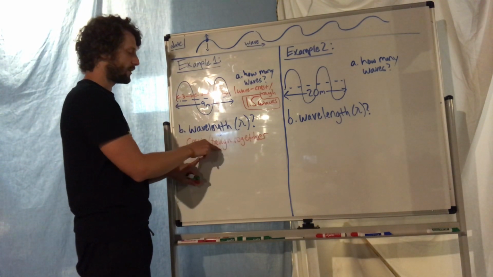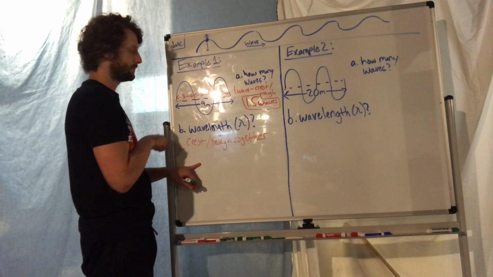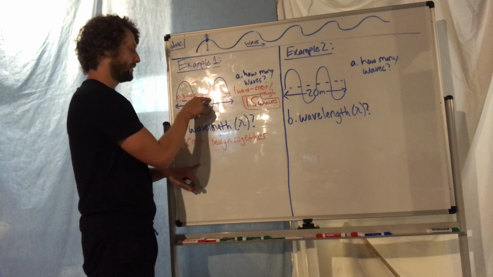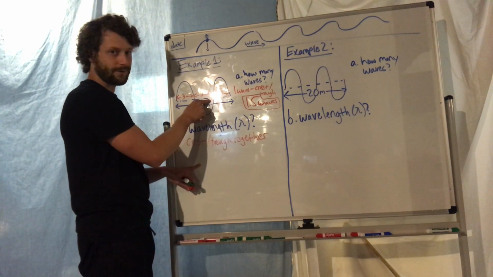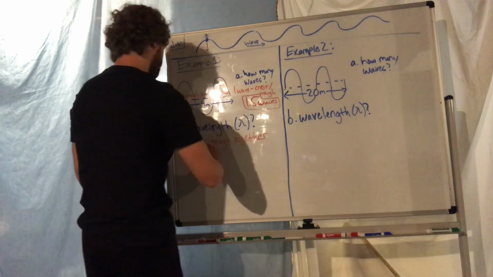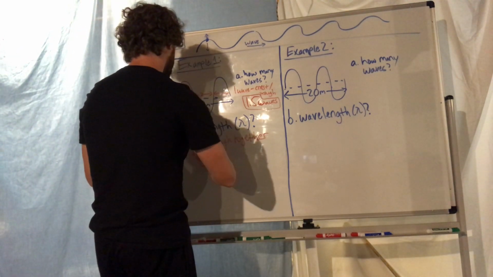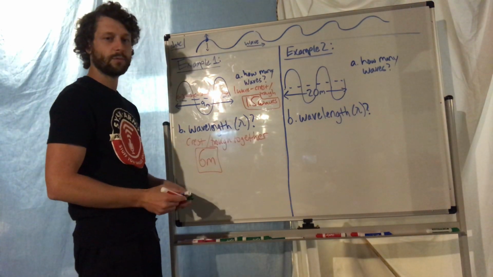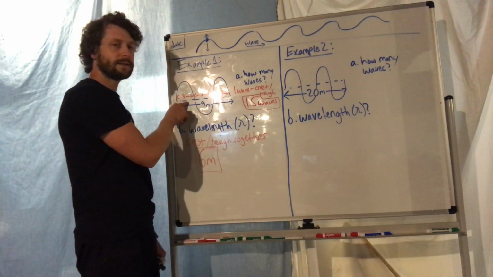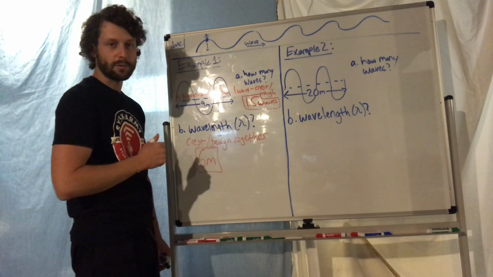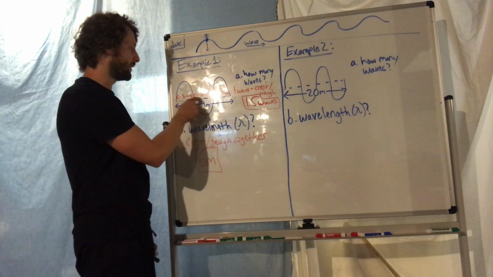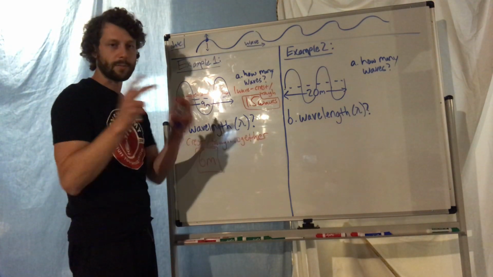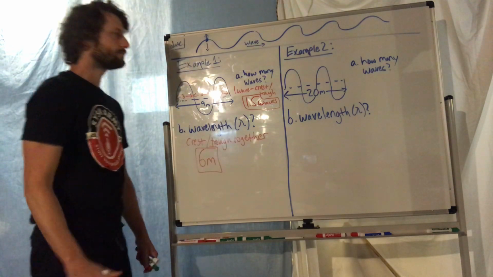It's the length of a crest and a trough together. So 3 and another 3, all right? So the wavelength here is 6 meters. I really find that there's 2 steps to solve for the wavelength. First, you find the length of a crest, and then essentially you just double that number, and you have the length of the crest and the trough combined, all right?